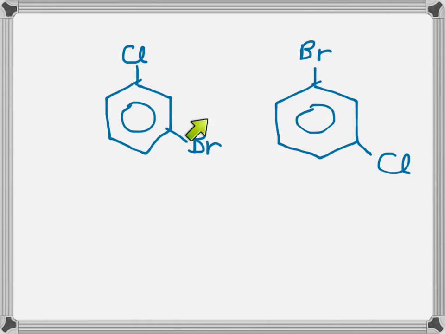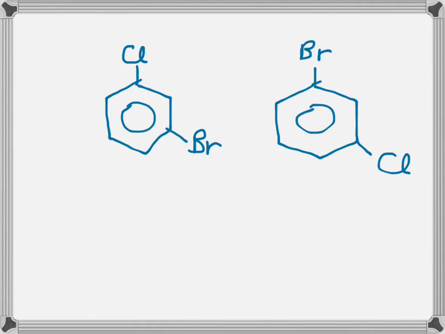And this side is going to come over here, and the bromine's going to go behind the screen and come up, and we're just flipping it over. Both of these would be named meta-bromochlorobenzene because they are separated by one carbon.